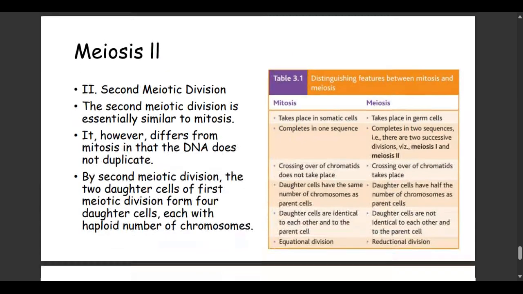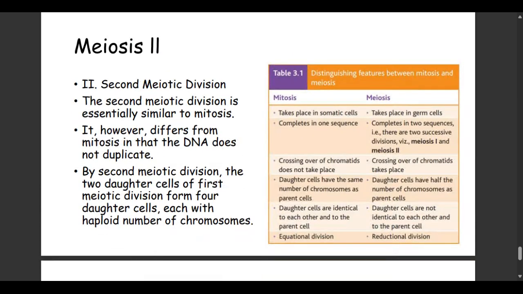Okay, so these processes move on like this. So in meiosis 2, the second meiotic division is essentially similar to mitosis. Why is it similar?